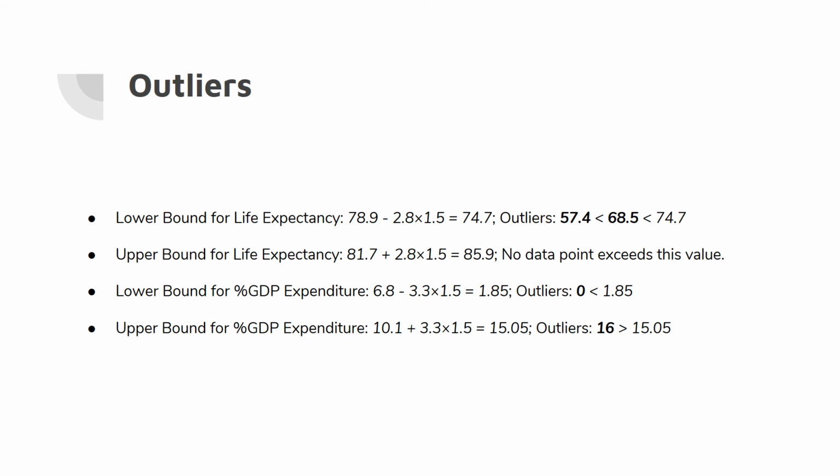We did the same for the percent GDP expenditure, and we found Sierra Leone again being another outlier, as it is lower than the lower bound, as it spends nothing at all on its healthcare system. And the United States exceeds the range through the upper bound, because it is spending way more on healthcare than the other countries, as it is pointed out to be 16%.